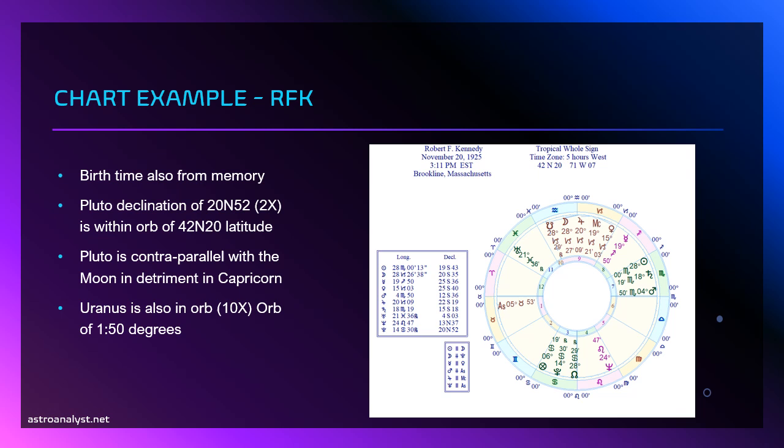So the lower it is, the more likely it's going to be within a declination match to the latitude, be it where you live or where you move. So in this case, Uranus at 10 times is 40 degrees, and it's still within an orb of 1 degree 50 minutes to the latitude.